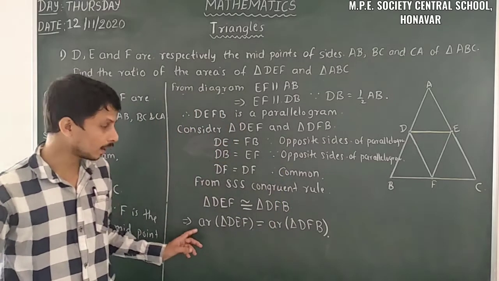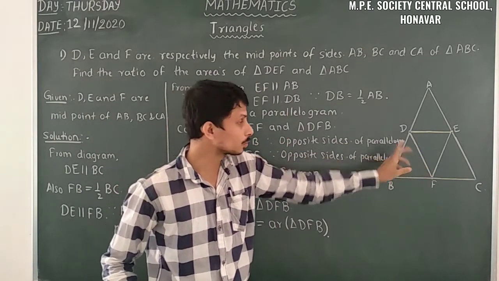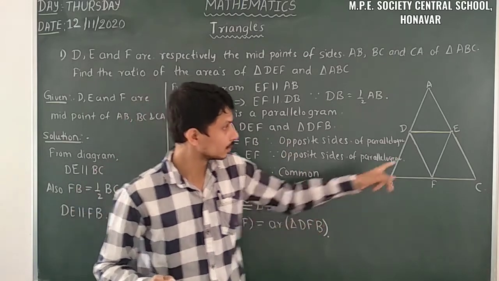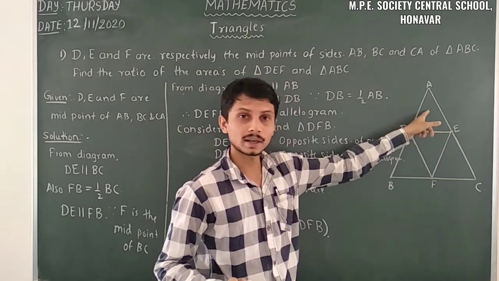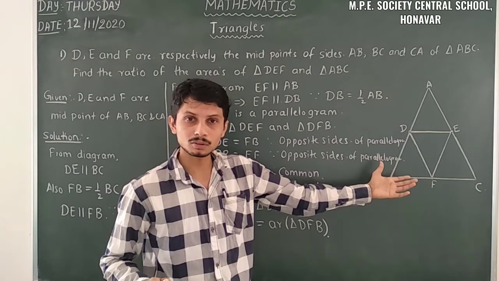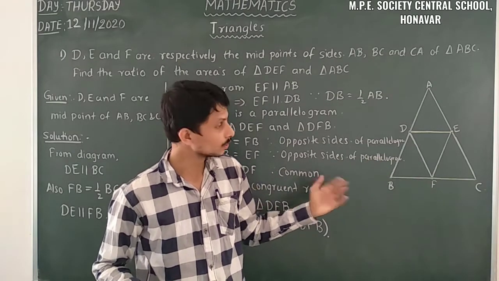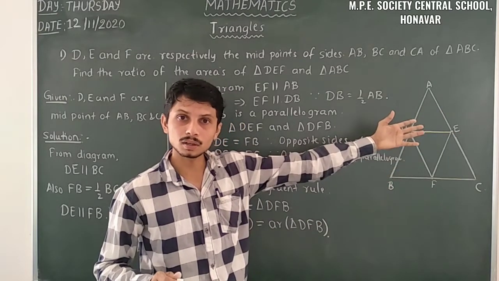Simultaneously we have to prove that the areas of these two triangles are equal and the areas of these two triangles are equal. Then, things which are equal to the same thing are equal to one another.